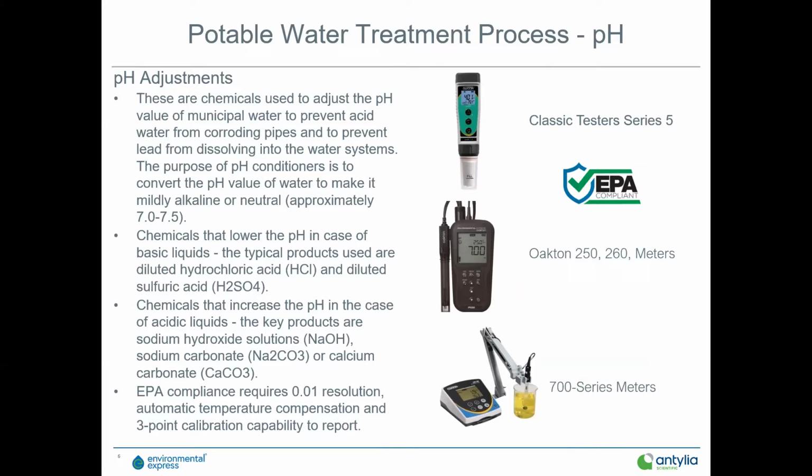There are some typical chemicals that are used. The most common case that I've seen as far as water pH in municipal plants, and I'm speaking specifically of the Midwest, where I visited many water plants, is slightly acidic water, and carbonates, whether sodium or calcium carbonate, are used to raise the pH and reduce the corrosiveness of the water.